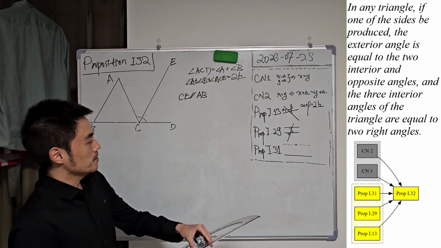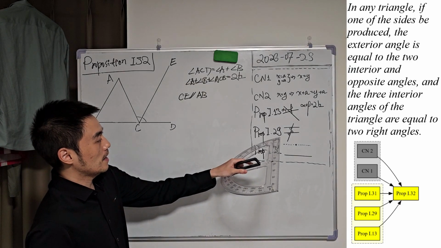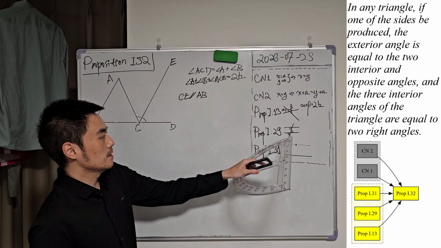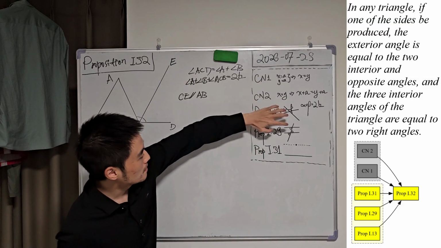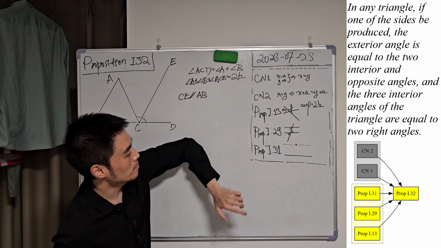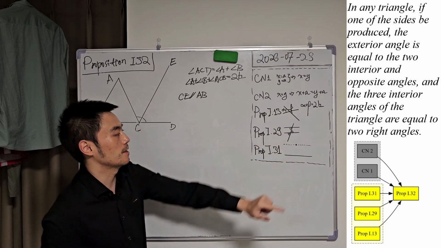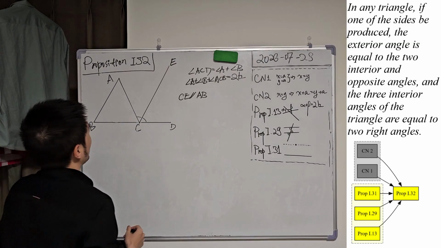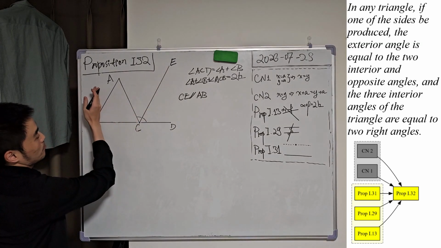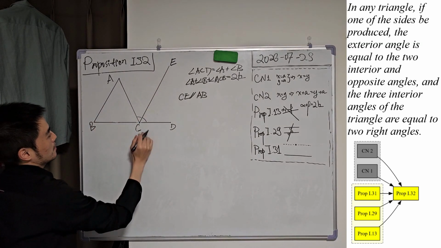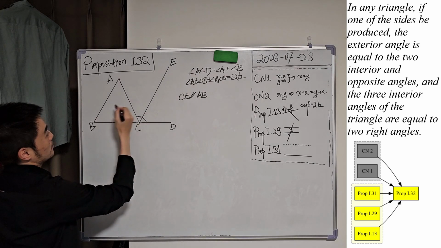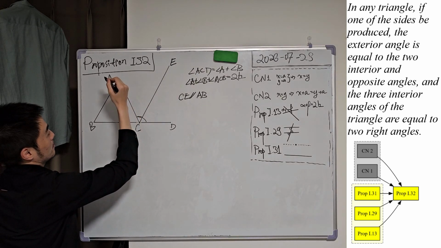And then please consider proposition 29. If two straight lines are parallel, then the alternate angles are equal and the exterior angle will be equal to the opposite interior angle. So we have, for example, these two straight lines are parallel and this angle and this angle are alternate.